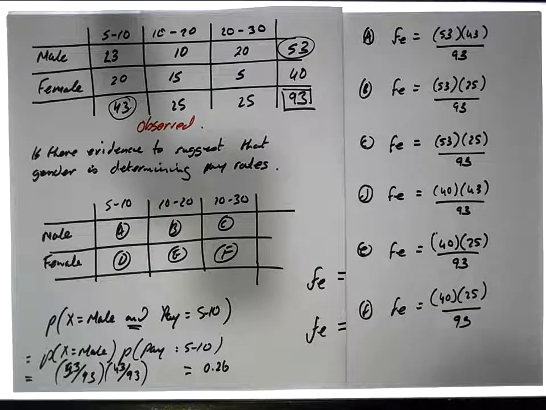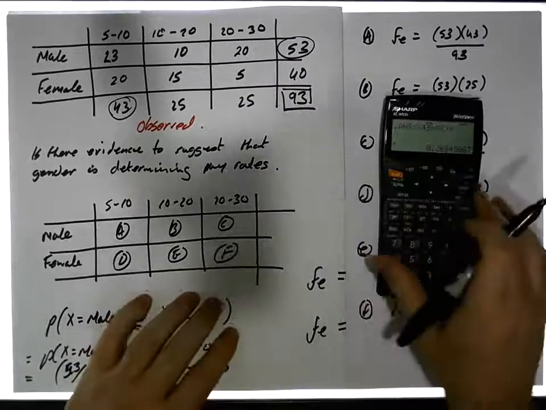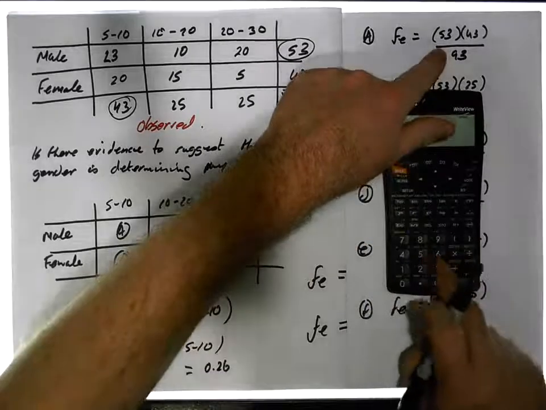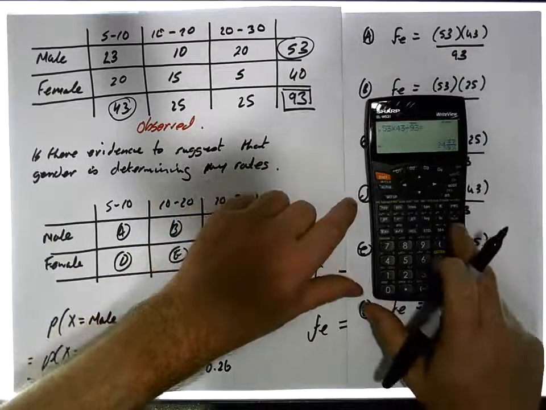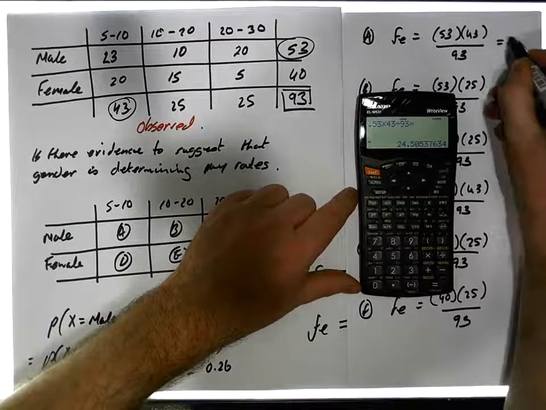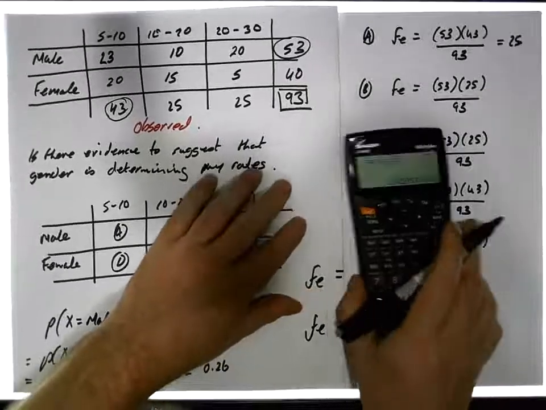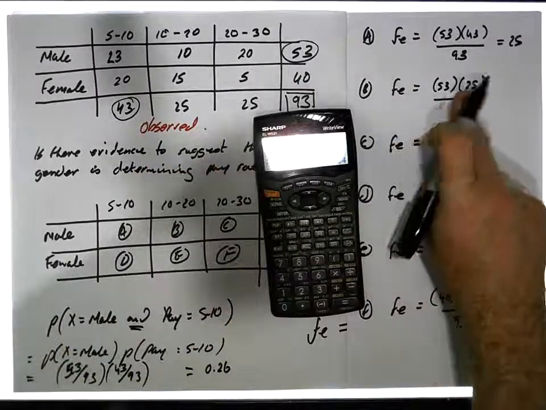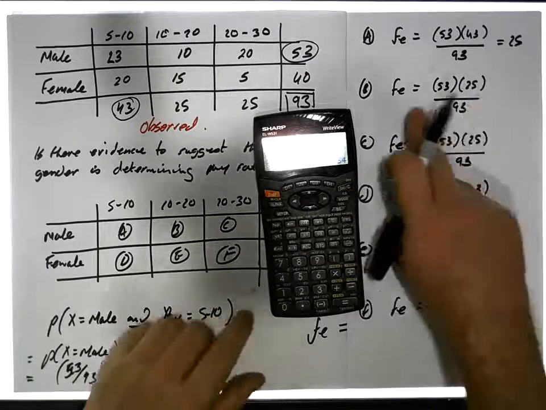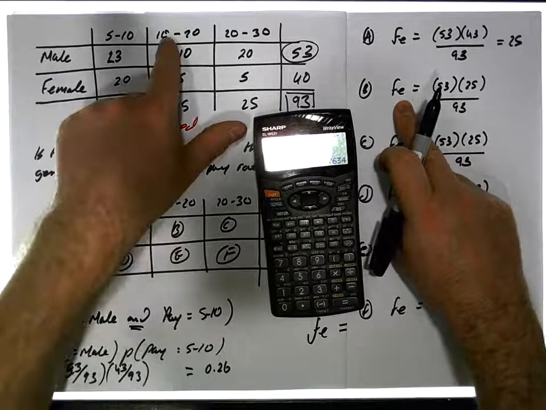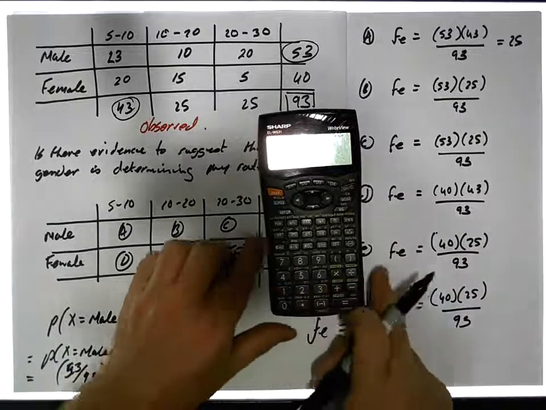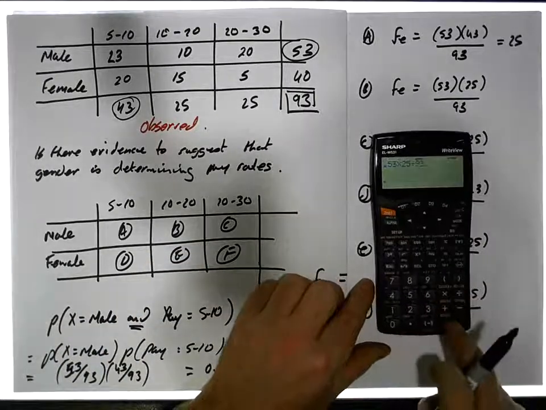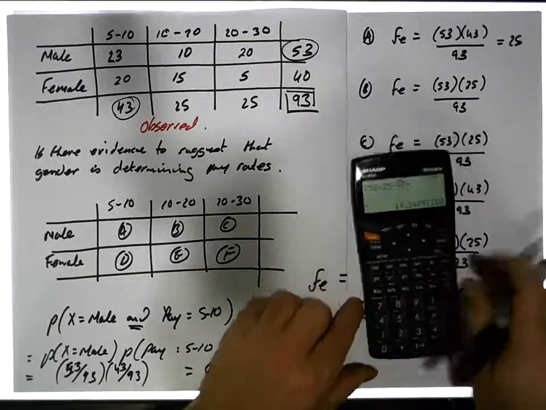So let's just do what we'd expect to happen. If there was independence, the first one should be 53 times 43 divided by 93, about 25. If it was under the null position, that they're independent, for males on 10 to 20 euros, we'd expect to see 53 times 25 divided by 93. We'd expect there to be 14 people in here.